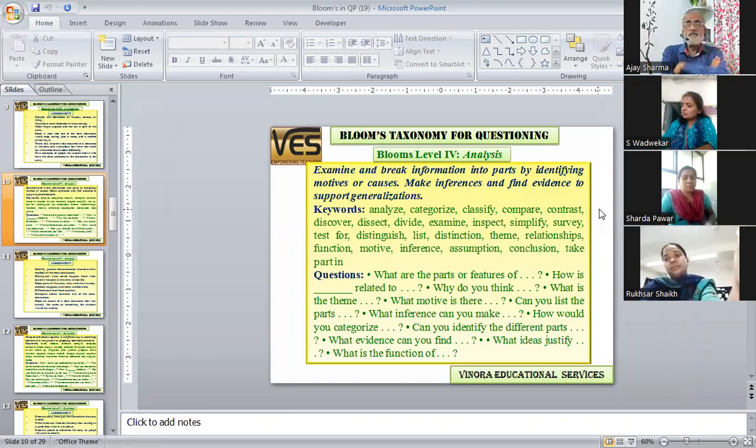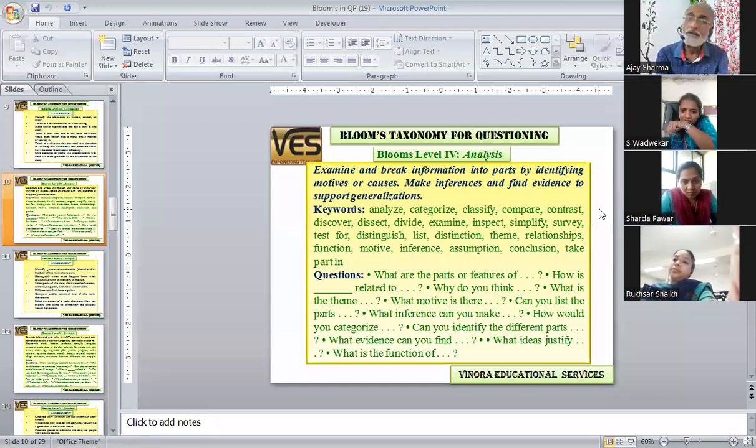How do questions come? What are the parts of a flower? I said flower because otherwise it will not be understood. What are the parts of an engine? What are the parts of an ecosystem? What is the theme of Drishyam 2?